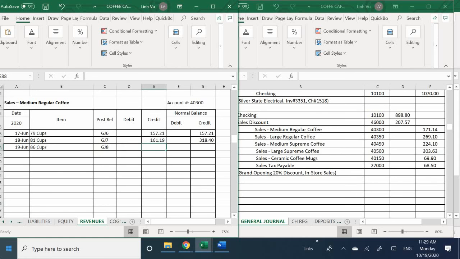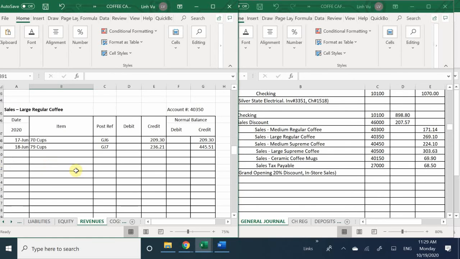What was the amount that I had for the medium? 171.14, bringing my grand total to be $489.54. Good.